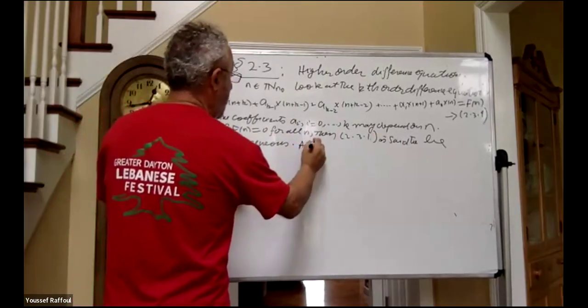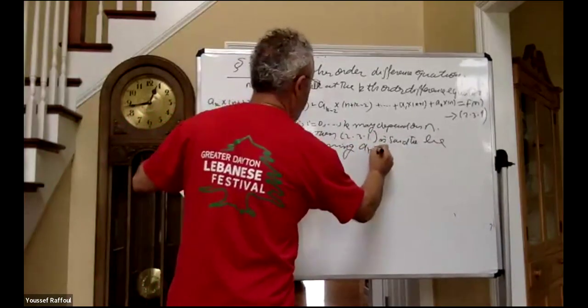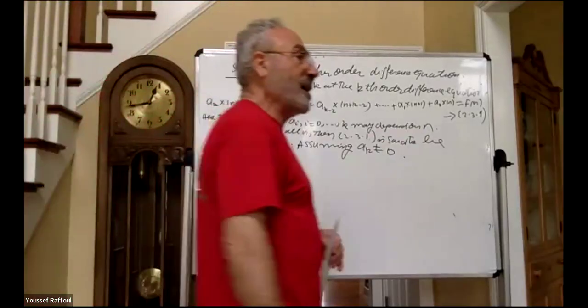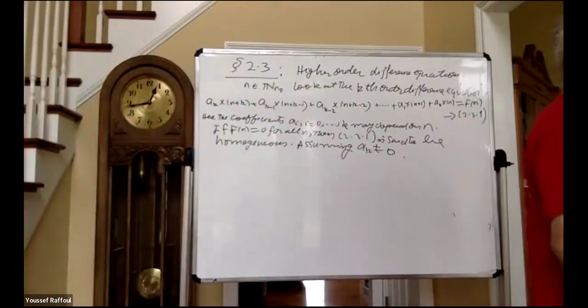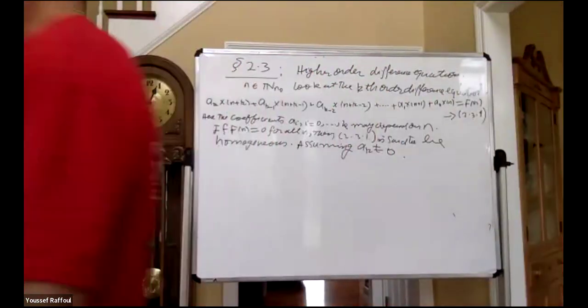Again, we are assuming here a_k is not 0. If a_k is not 0, then we do not have a kth order difference equation. Okay? All right?